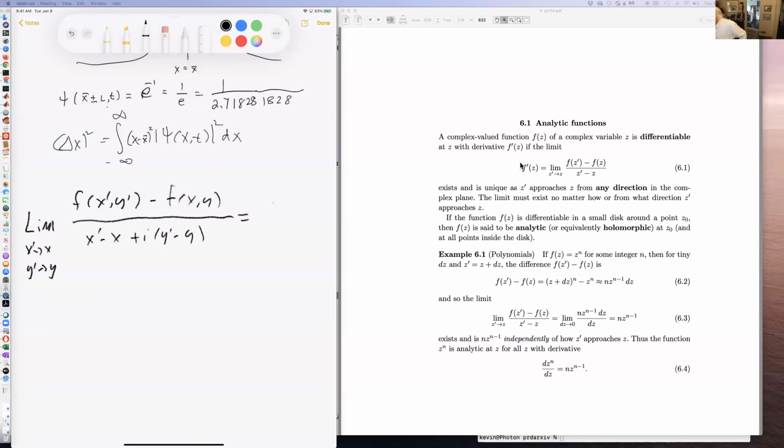If you have a unique limit, then we call that the derivative of the function, which we then call f prime of z. We say f is an analytic function.